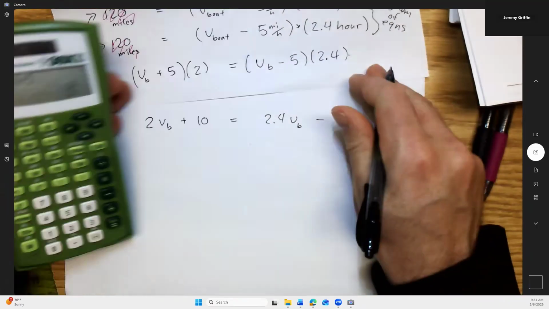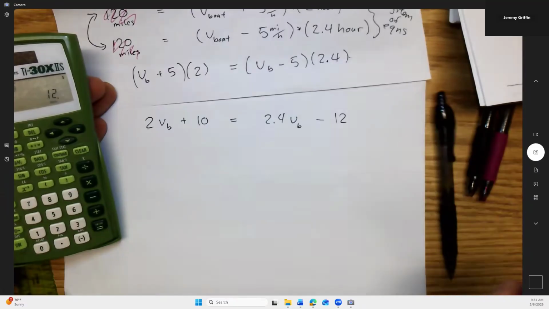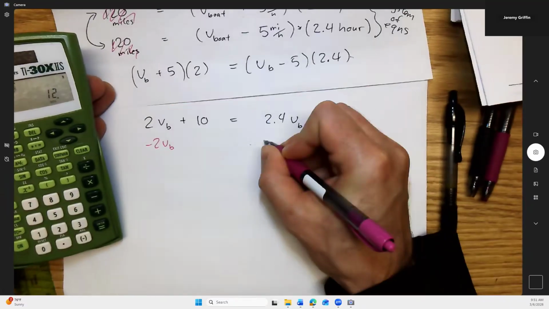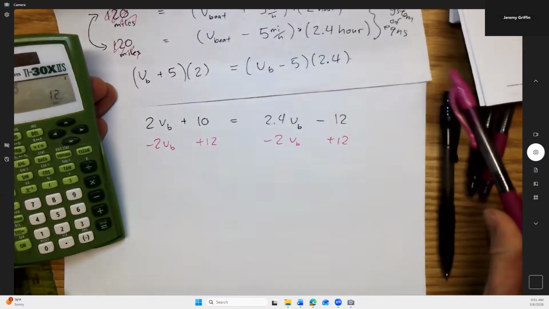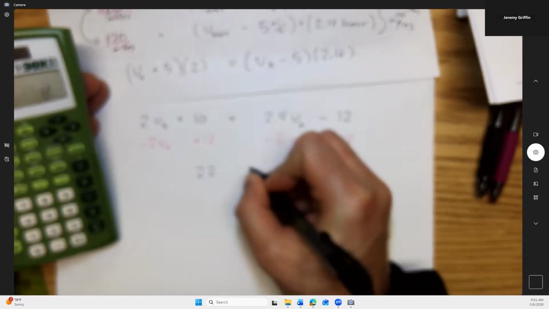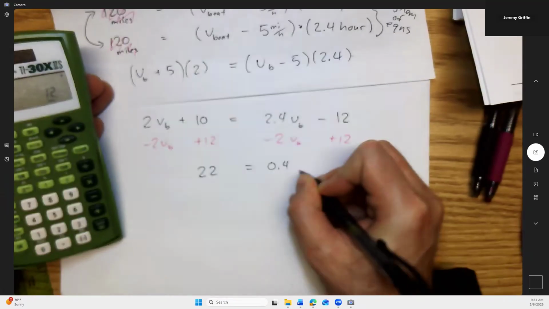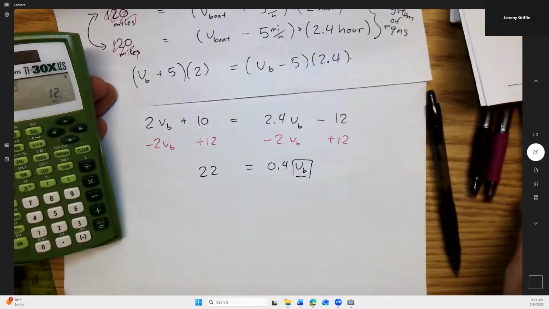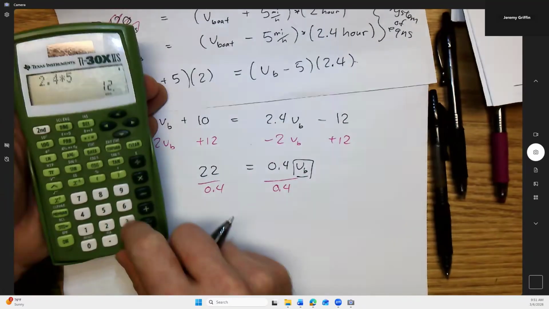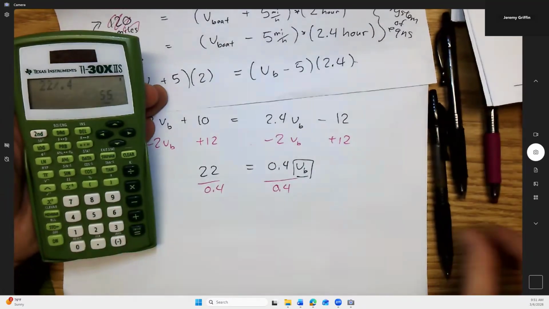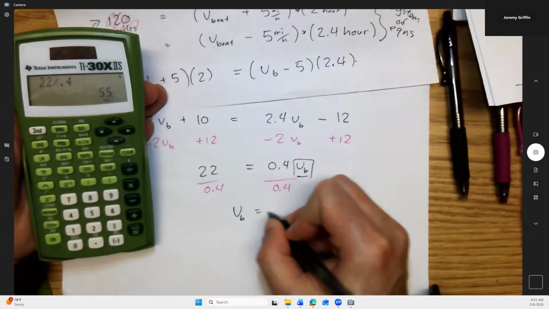Okay, let's get the VBs on one side. So minus 2VB, minus 2VB, and then add 12, add 12. So I'm getting 22 equals 0.4 speed of the boat. Divide both sides by 0.4. 22 over 0.4, so the speed of the boat is 55.